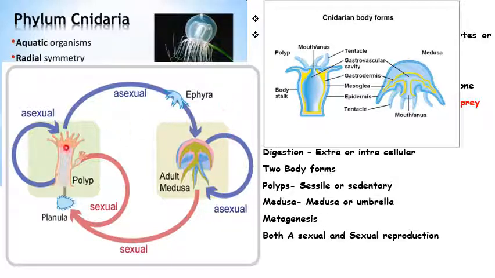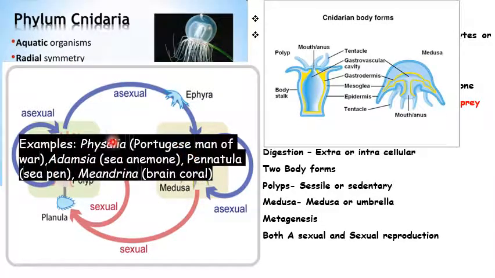This medusa will be swimming, and it will carry out its reproduction process with another medusa, which means they will mate with another animal and produce a larva, which is known as planula. That planula is a larva, and that larva will go and attach on the surface of a hard substrate, and it will grow as a polyp. So these are the two types of reproduction that take place in the phylum Cnidaria.